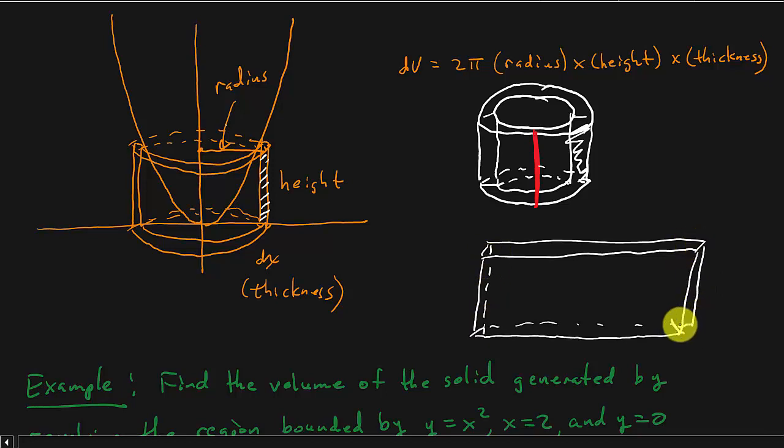You see that? It would look like a sheet. That's what we're finding, the volume of this, kind of like if you had a rectangular solid. So what would be the volume of this? It would be this distance times this distance times the thickness here. And in this case, the thickness is dx.